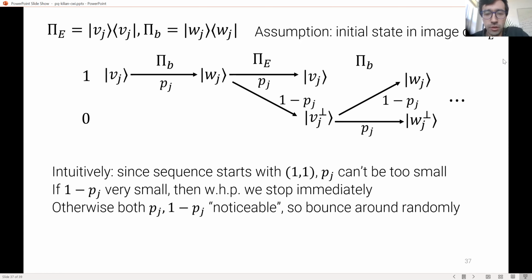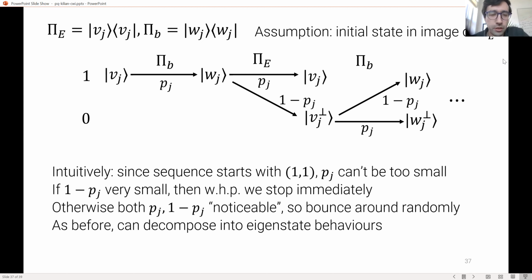If pj and 1 minus pj are both not too small, then if you keep applying these alternating projectors, you're going to bounce around between 1 and 0 sort of randomly. If the transition probability is not too small, you jump up and down, and it mixes. Because it mixes, the probability of getting 2 1s in a row is not that small, because you have enough entropy that this is going to happen at some point.